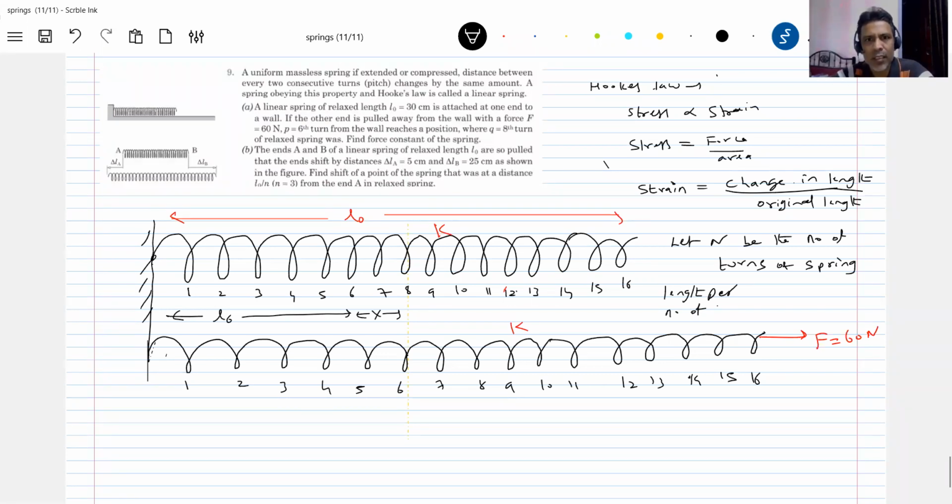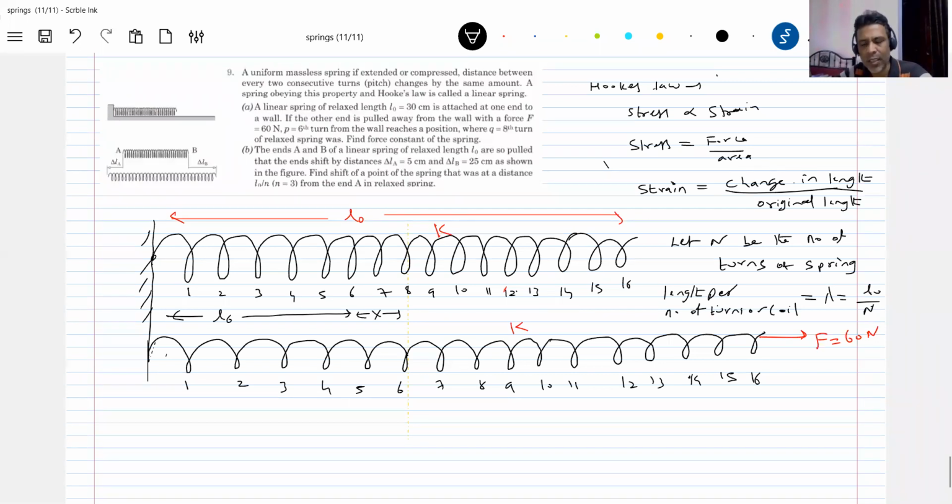Since we used the word turns or coil, shall we go for N by L naught? Oh, sorry, L naught by N. There's one assumption I'm making. And now, what is L6? Anybody?